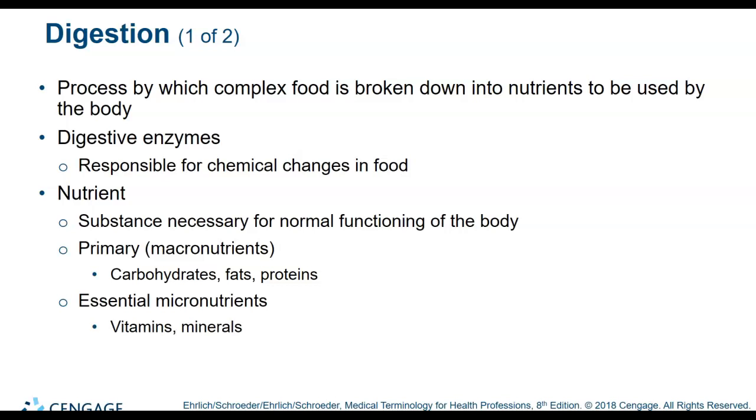And so we have primary or macronutrients. These are going to be our carbs, our fats, and our proteins. The three things that we use, if you check your labeling on your food, those are the things that carry calories with them. We also have those essential micronutrients, those vitamins and minerals that are so, so important.